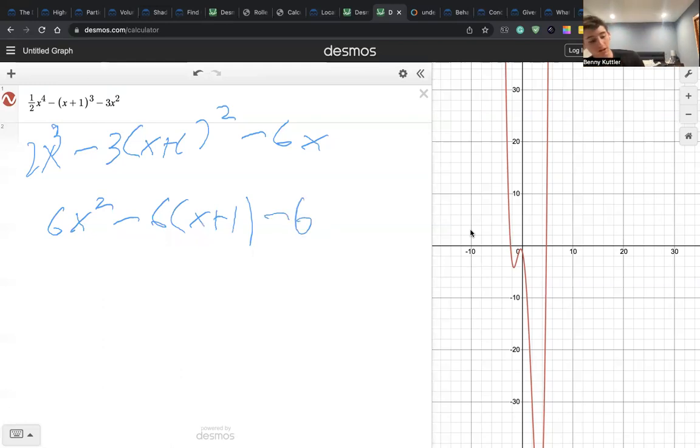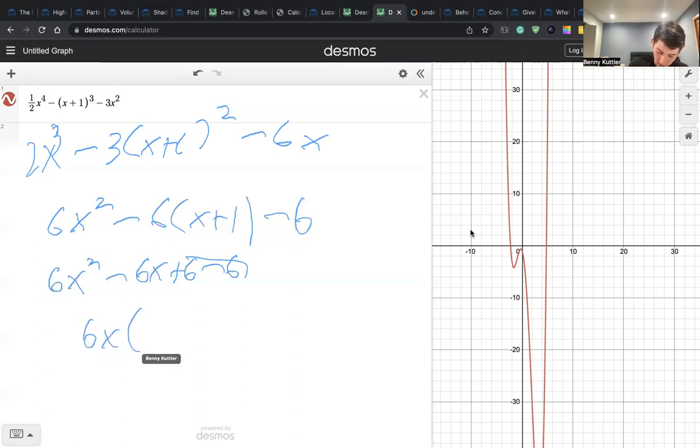So we want to see where this changes sign, so we can find the intervals of concavity. When we multiply this out, we get 6x squared minus 6x plus 6 minus 6. So these two cancel out, and when we take out a factor of 6x, we have 6x times x minus 1 equals 0.